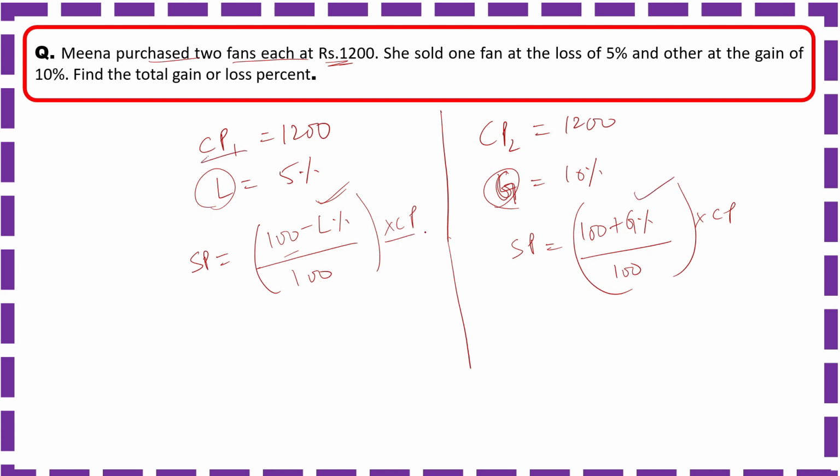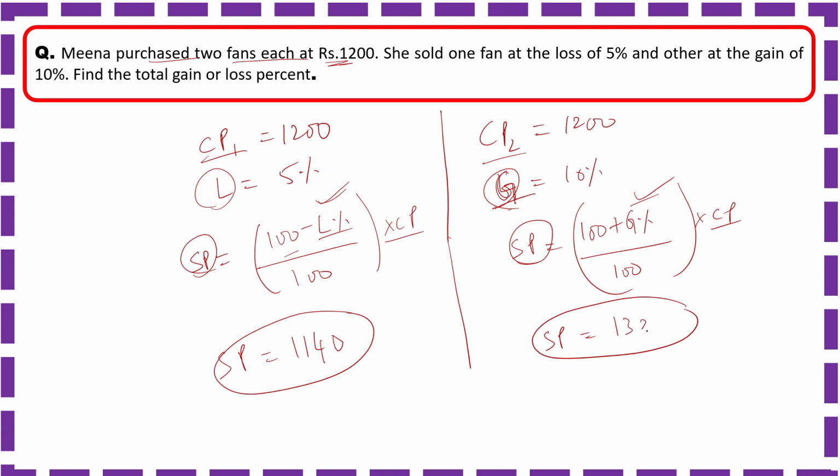We know CP and loss percent, and we can find SP. Here we know gain percent and CP, and the remaining is SP that we have to find out. So just substitute and we will get here SP as 1140, and here we will get SP as 1320.